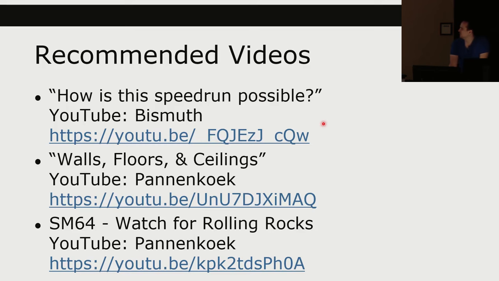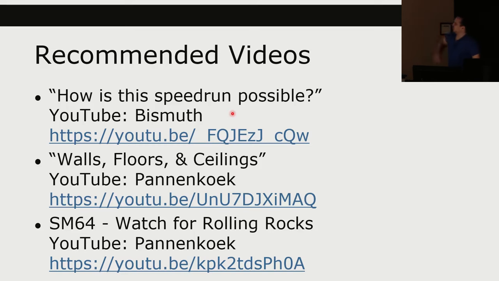But there's a few videos here that you don't have to watch, but if you're ever eating dinner and you want to put on a video, these are insanely entertaining, and they will give you some appreciation for the programming of these games and for the programming of assignment 3, I think.